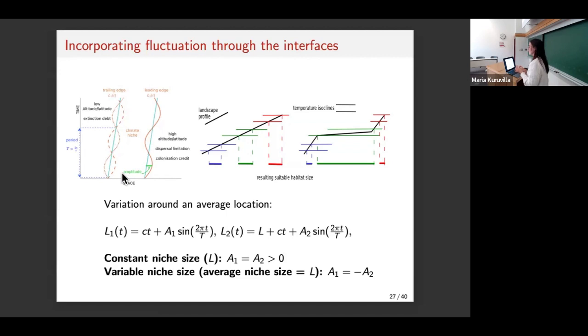There's two ways I can do that. Well, of course, there's many ways. I'm going to talk about two ways that I did it. One way is they oscillate at the same period and they're in phase. So the period is the same and the amplitude is the same. And that keeps the suitable habitat the same size.